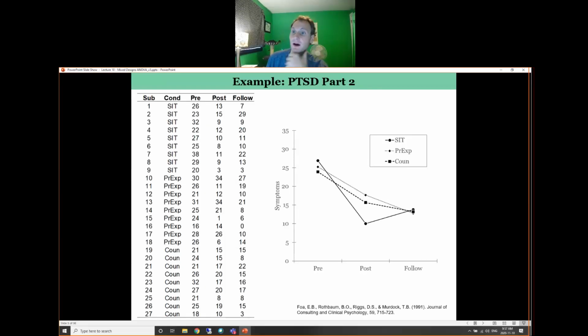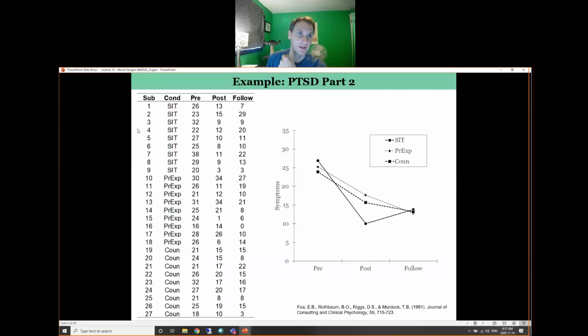Our data are shown in this table and plotted in the figure to the right. In the figure, we can see that we have 3 groups represented by each line: the stress inoculation therapy, SIT, the prolonged exposure, and the counseling. And we're measuring each participant at 3 points in time: the pre-period, the post-period, and the follow-up period.